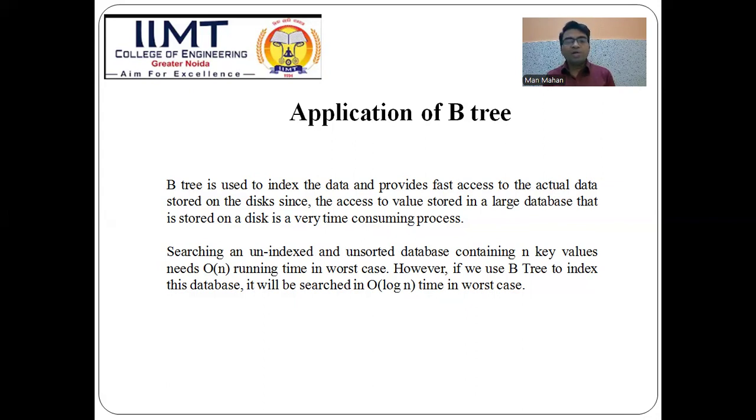Searching in an unindexed and unsorted database containing n key values needs order n running time in the worst case. But if we use a B tree to index this database, we can search in log n time in the worst case. These are the applications of the B tree.